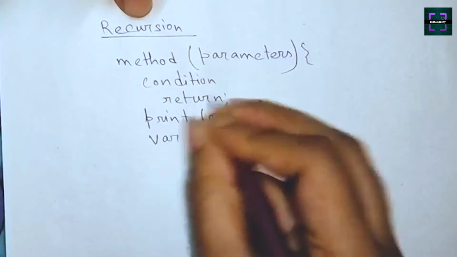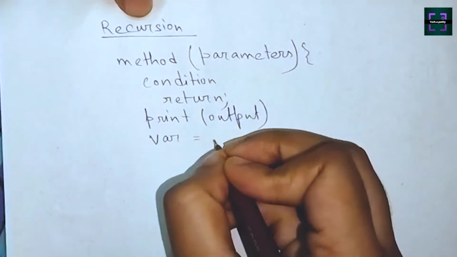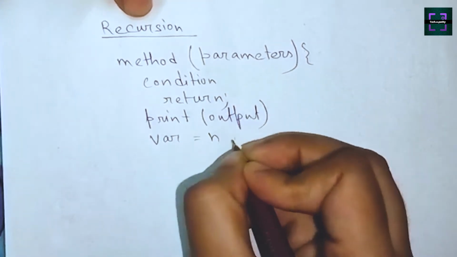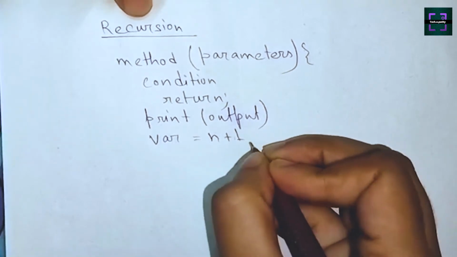If the parameter is n, sometimes we store n plus 1. So again some logic we use.